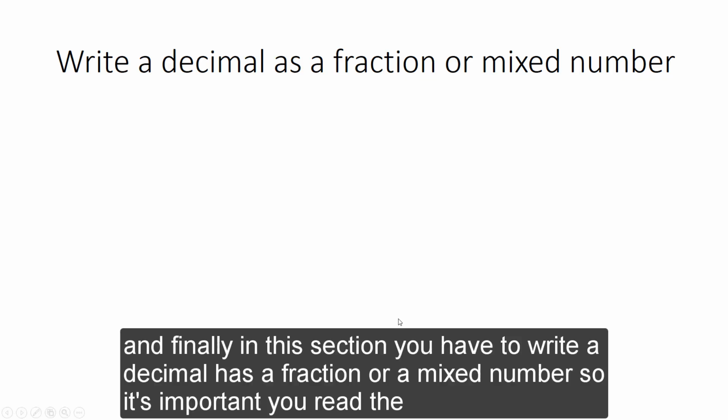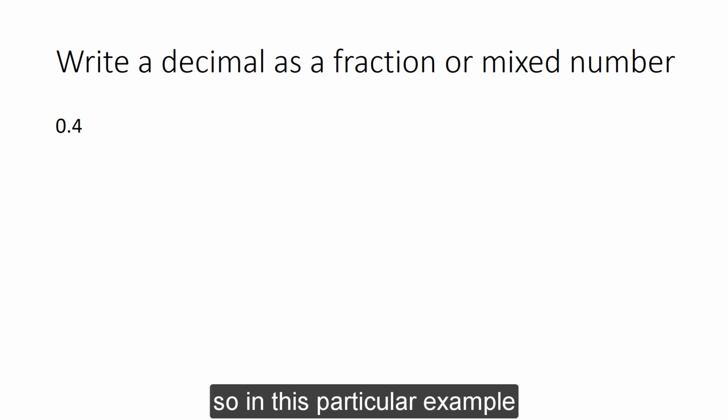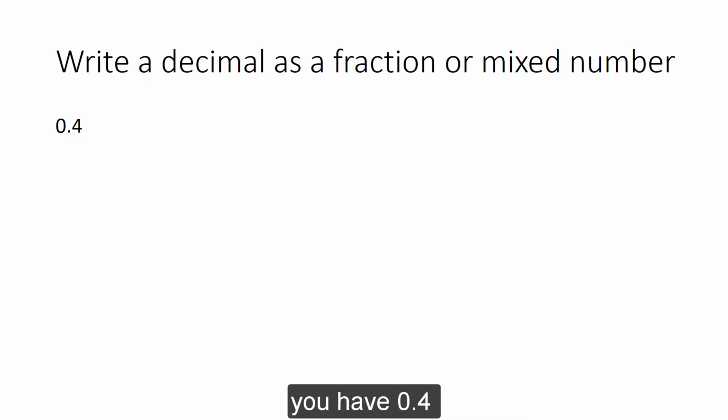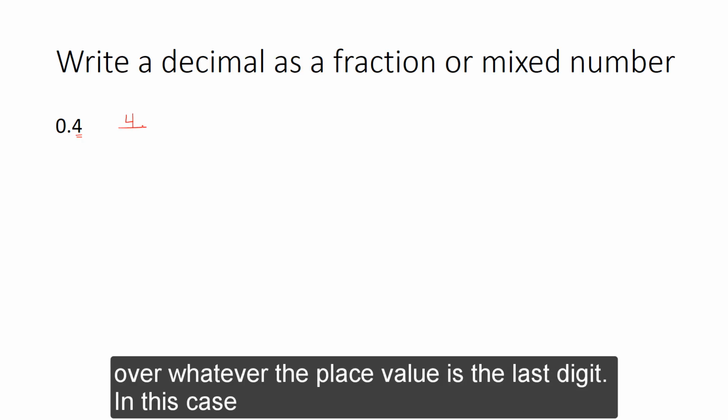And finally, in this section, you're going to have to write a decimal as a fraction or a mixed number. So it's important you read the question to make sure that you answer the question being asked. So in this particular example, you have 0 and 4/10, or you would just call this 4/10. So you take the number that you see after the decimal point, that is going to be the numerator, and it'll be over whatever the place value is of the last digit.